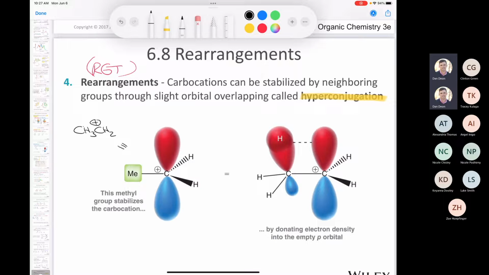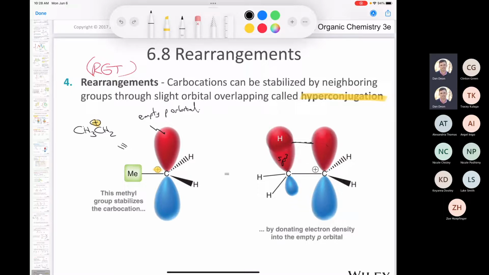What they're showing you is that the positive charge is on a carbon that's sp2 hybridized and it has an empty p orbital, and that's why we have a positive charge. But there's some slight orbital overlap between the sp3 hybridized orbital of the methyl group and the hydrogen, where it can overlap with the empty p orbital and put some electron density in there, and that stabilizes it.